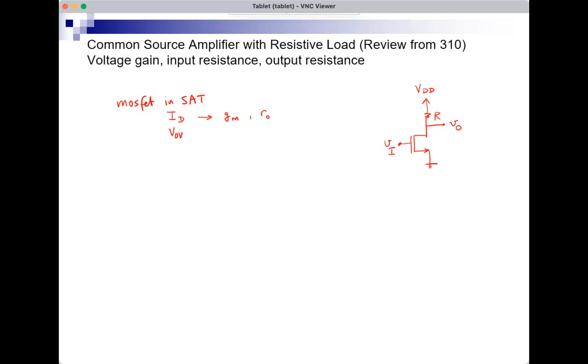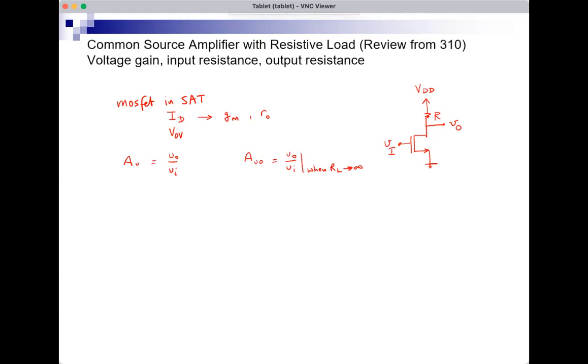These are signal quantities. Now, also to review, the voltage gain is AV, which is the output voltage, the signal component, divided by the signal component of the input voltage. But what enters in the model of the amplifier is AVO, which is VO over VI, or AV, when RL is open, when RL is an open circuit, that is, there's no load.